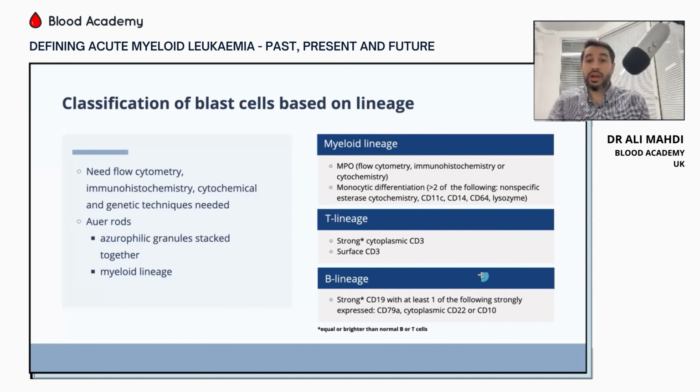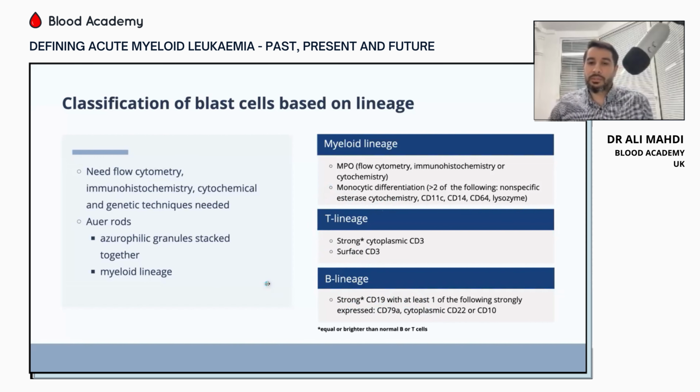So the WHO defined myeloid lineage by saying that you had to have expression of various different stains, in particular MPO, or if you had monocytic differentiation, 2 or more of these monocytic related antigens, so CD11c, etc. T lineage was strong expression of cytoplasmic CD3 or surface CD3, and B lineage, you had to have strong expression of CD19 with at least one of the following strongly expressed, so CD79a, CD22 or CD10.